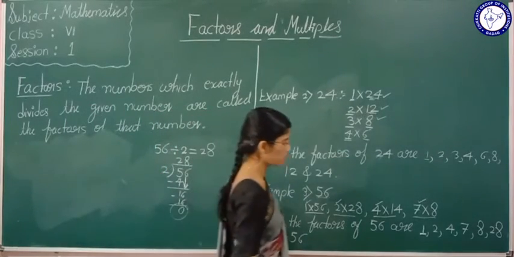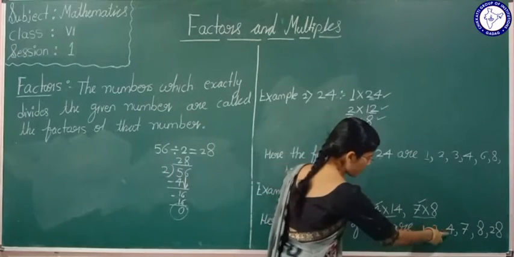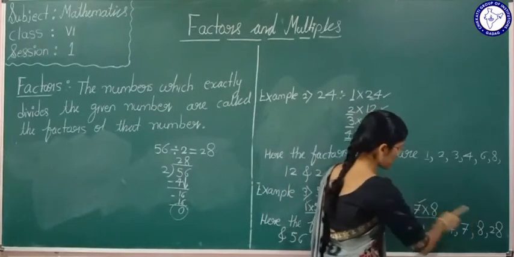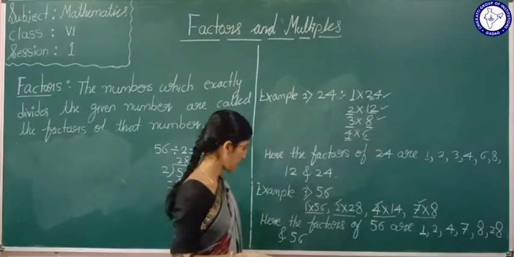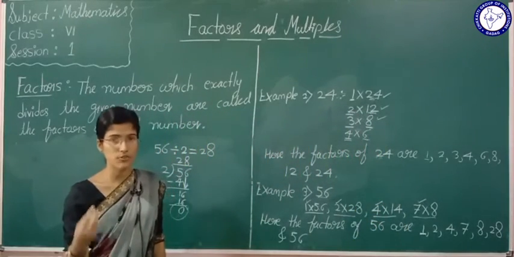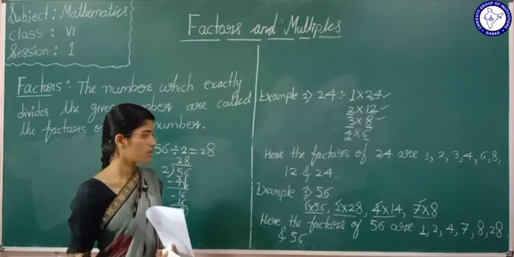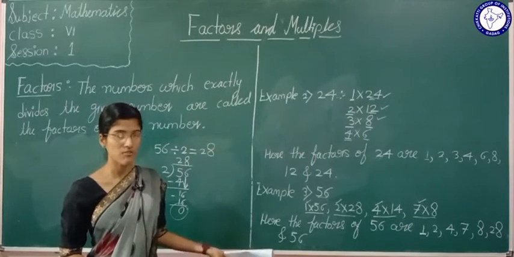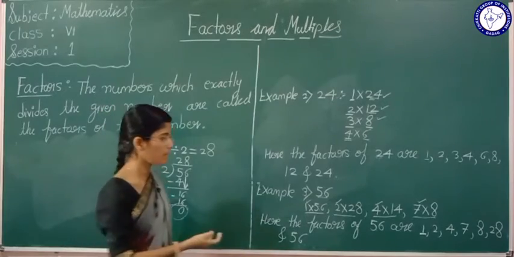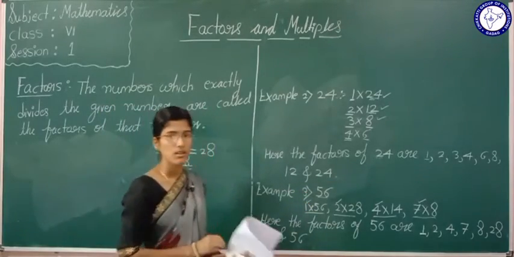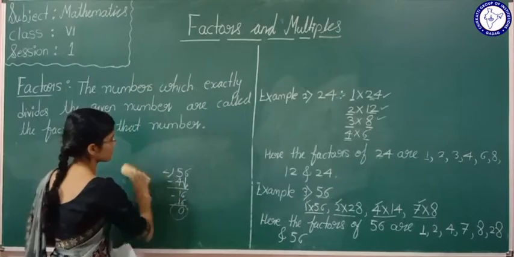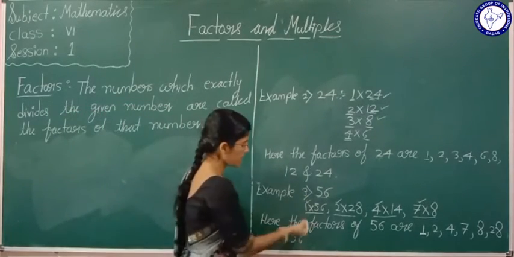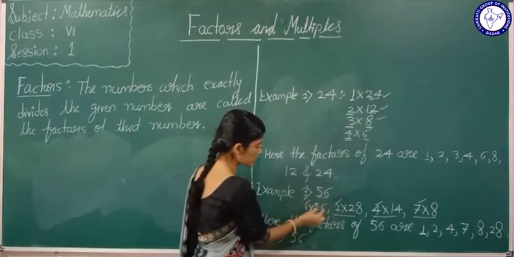Like that only you do 56 divided by 4, 56 divided by 7, 56 divided by 8, 56 divided by 28, 56 divided by 56. If you do, what can we tell here, these are the factors because these numbers are dividing exactly. Now see here, 1 56 is 56 we are writing.